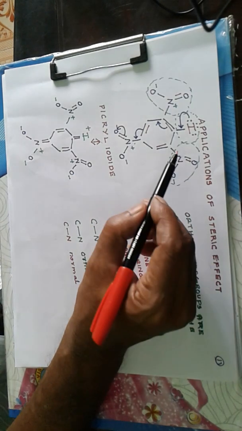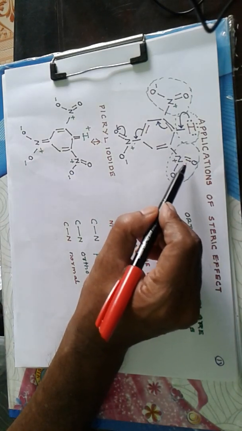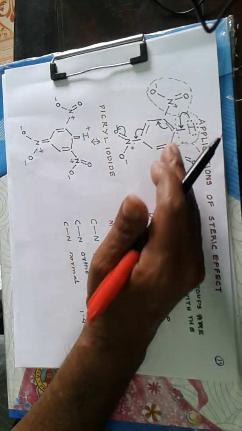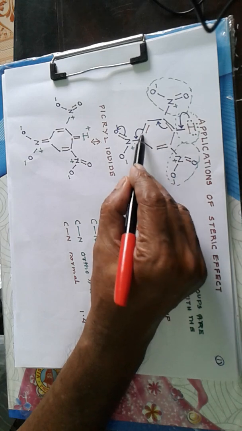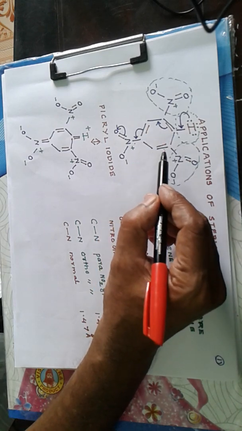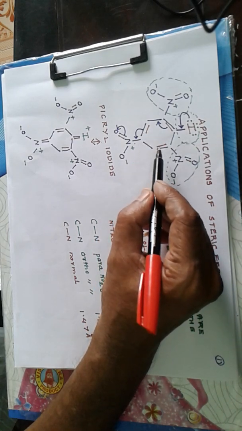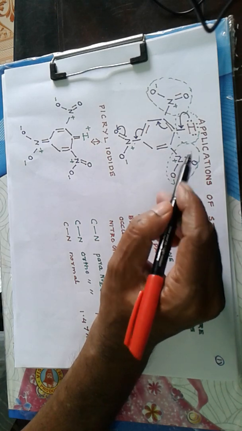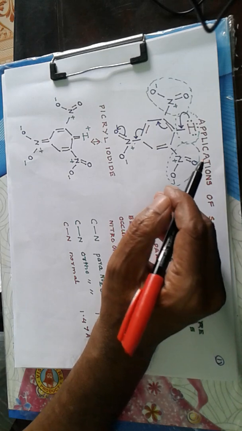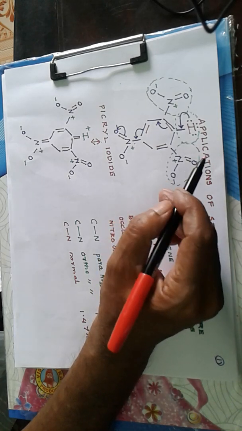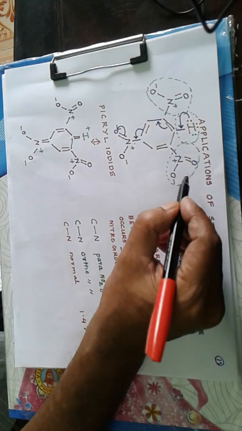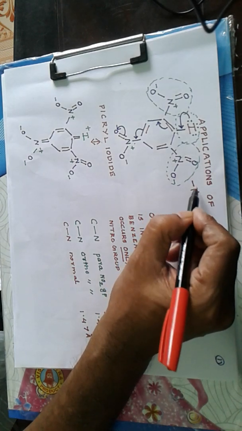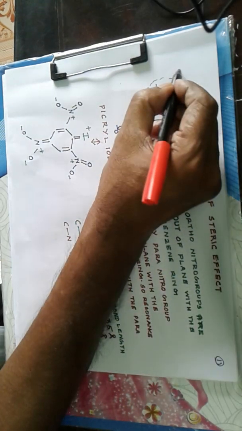Then only the minus mesomeric effect of nitro group can operate. If this nitro group is in a plane perpendicular to the plane of the benzene ring, then the p orbitals of benzene ring and the p orbitals of nitro group which form the pi bonds are mutually perpendicular, they are not parallel, so they cannot overlap. So minus m of nitro group is prevented in both these cases.